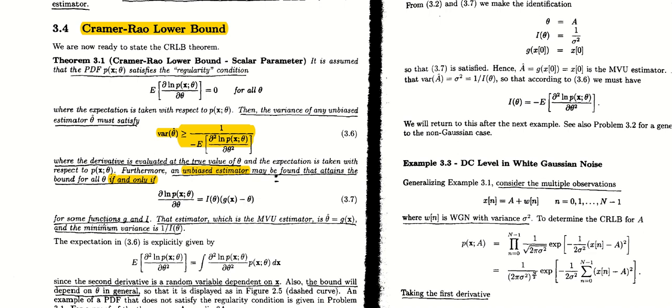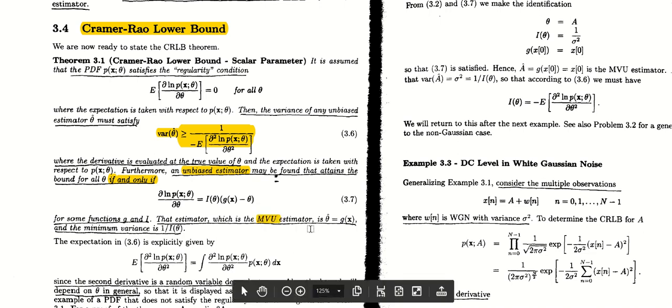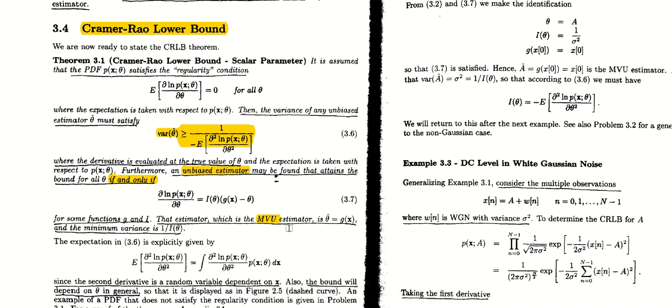So for some functions g and I, the estimator will be the minimum variance unbiased estimator, which is good, right? We mentioned many times we like MVU. It's minimum variance and it's unbiased and it's all good, so we like it. So this is the way to find the MVU estimator.